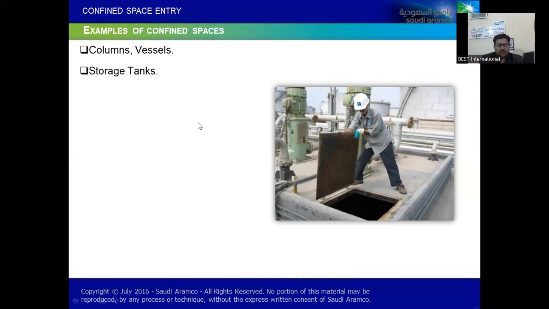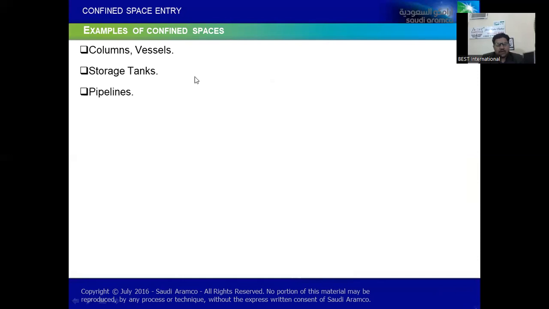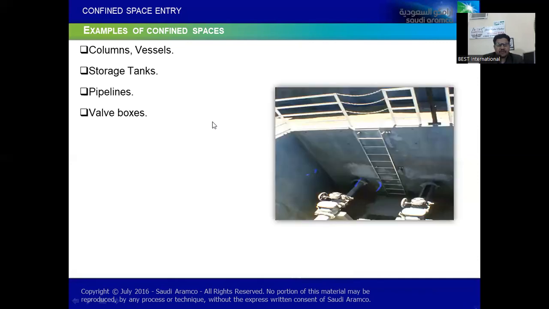Now, what can go wrong here actually? Even though the examples of confined spaces could be the pipelines as well, the real challenge is to make sure about even the wall boxes, because the toxic gases, especially H2S, are approximately 20% heavier than air.